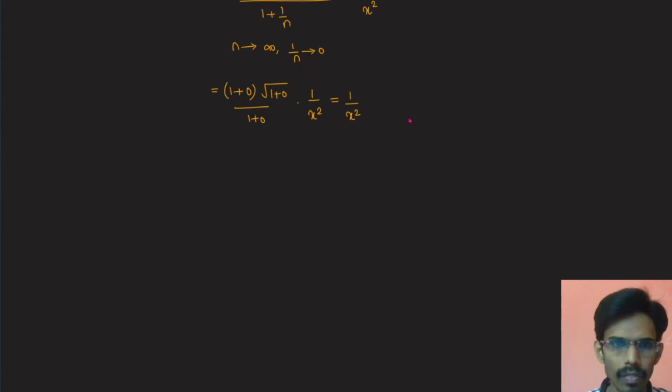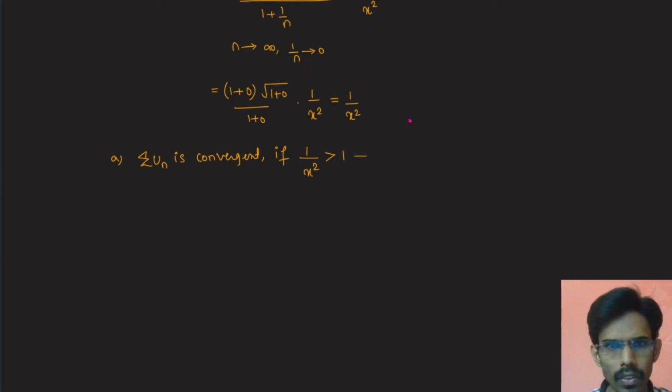So the series is convergent if this limit 1 by x square is greater than 1. That implies, take x square in the numerator, take the reciprocal, then x square will be less than 1. That is, greater will become less if we take the reciprocal.